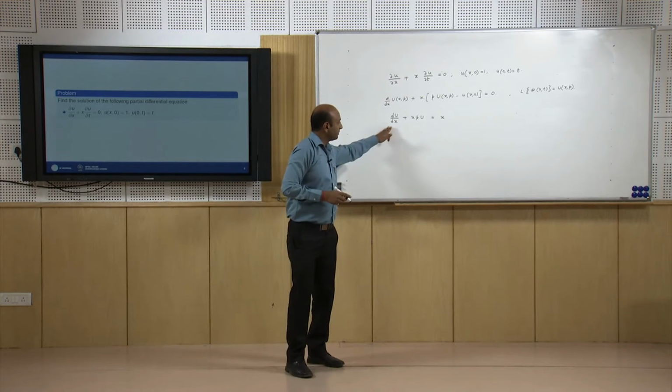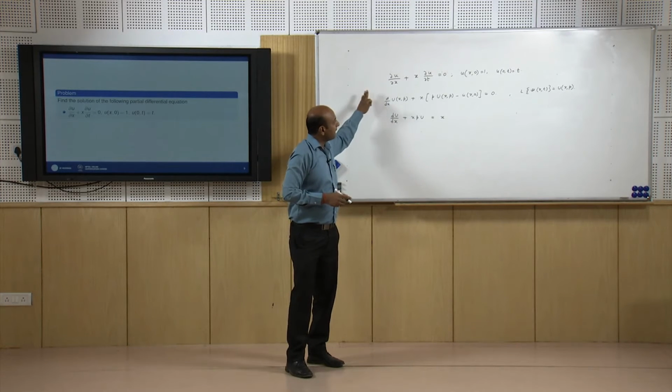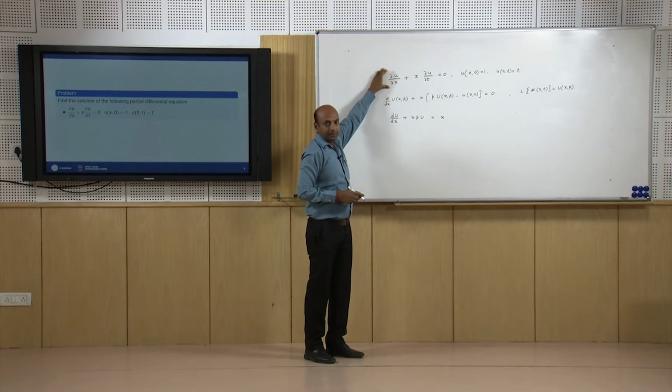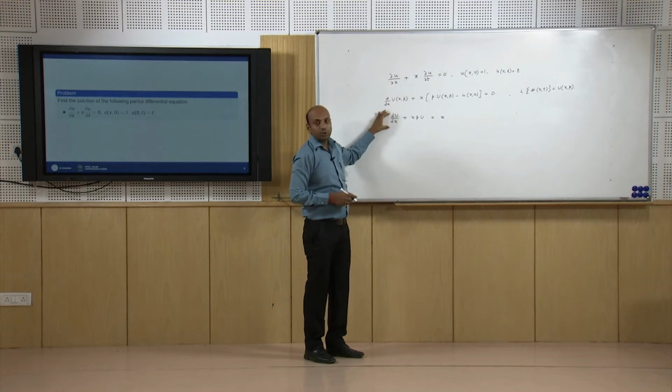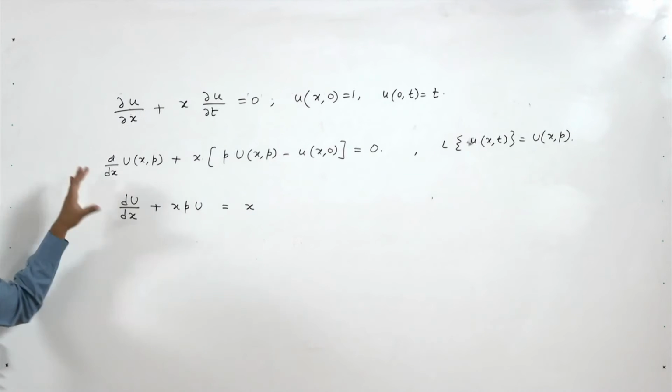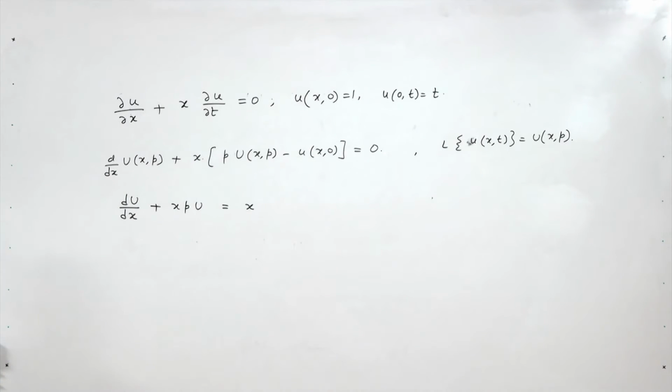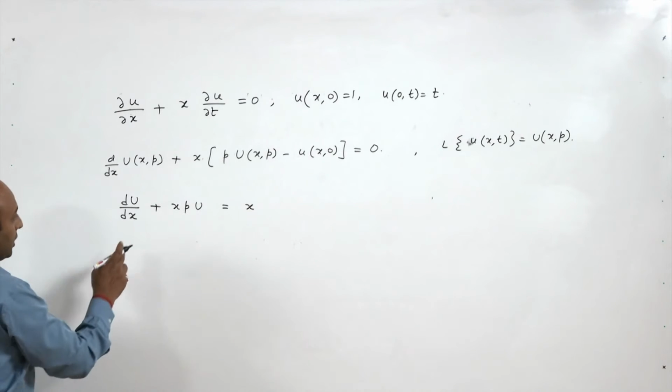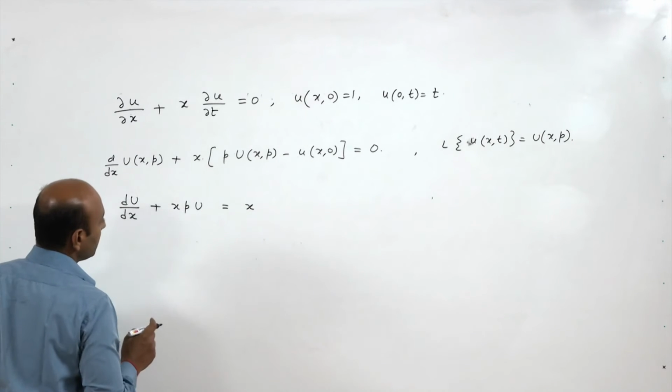Basically, when you take the Laplace transform of any PDE, this will give an ordinary differential equation. You use your usual techniques to solve this equation and then take the Laplace inverse to find the solution of the given PDE. Okay.